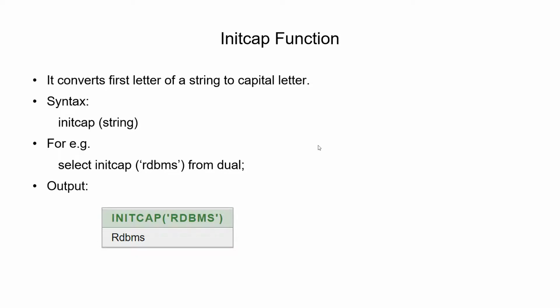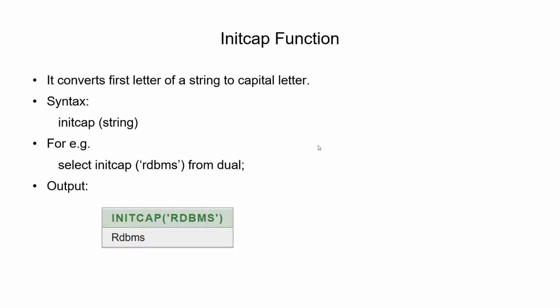Now we will see the string functions. First function is initcap. The name only suggests initcap, that is initial letter should be capital. So it converts the first letter of a string to a capital letter. The syntax is initcap, in brackets, string. String means it can be a single character or a set of characters.